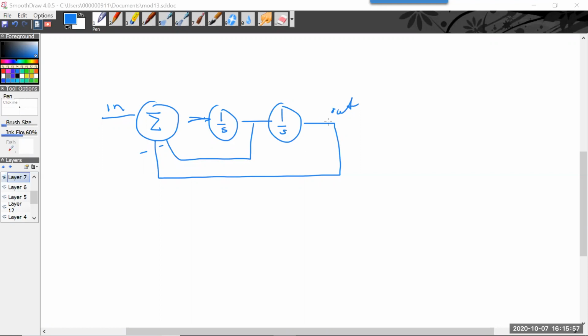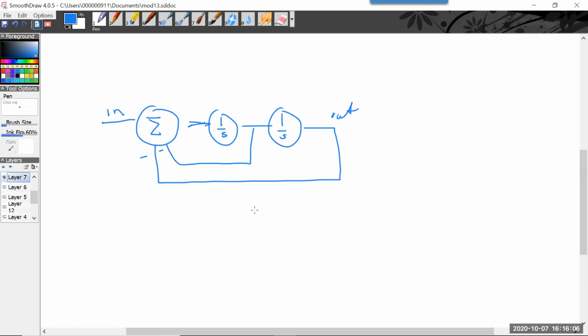So let's derive V out from this signal flow graph. So here's V in. It comes in. It goes through an integrator. So V out equals V in, goes through an integrator, goes through another integrator.